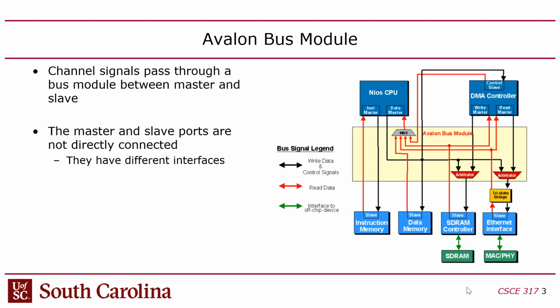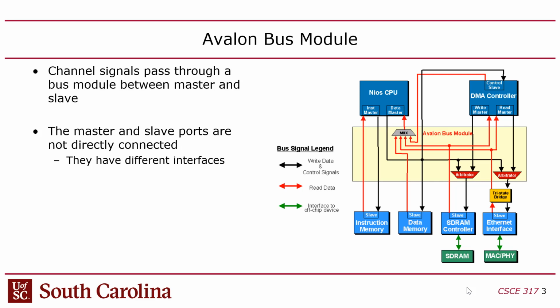Whenever you do a high-speed transfer of data, like between your hard drive and memory, or between memory and the video card, or even between memory and your Ethernet, the CPU doesn't get involved directly. It's handled by this DMA controller.